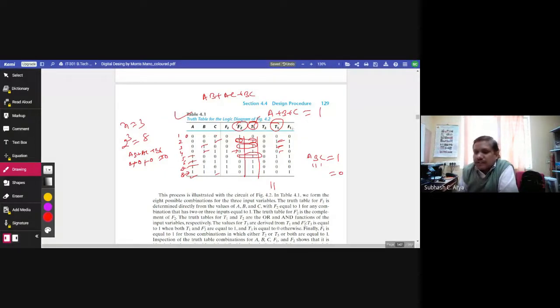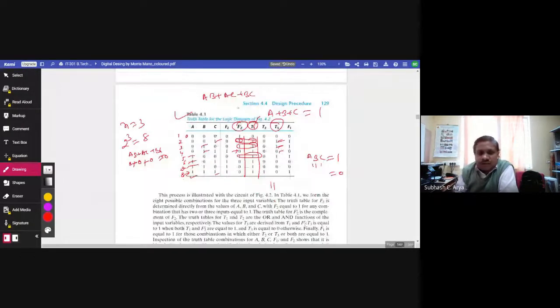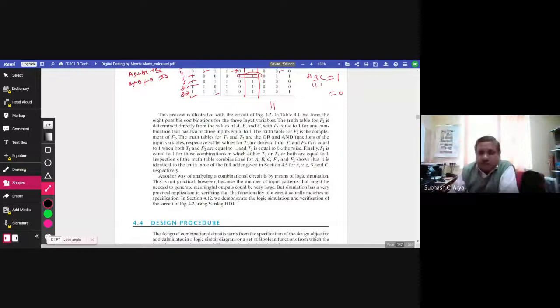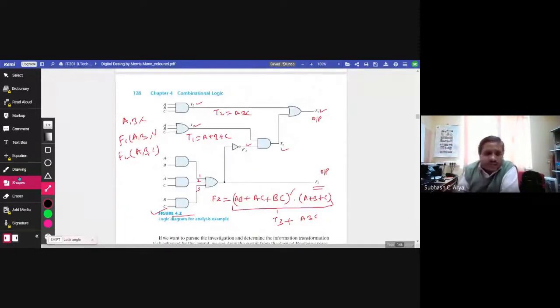And after that F1 as final expression. F1 is T3 plus T2. So T3 plus T2. AB 1, these two will give you output 1. So this is how we can write the truth table. So an important way of finding the expressions or analyzing.